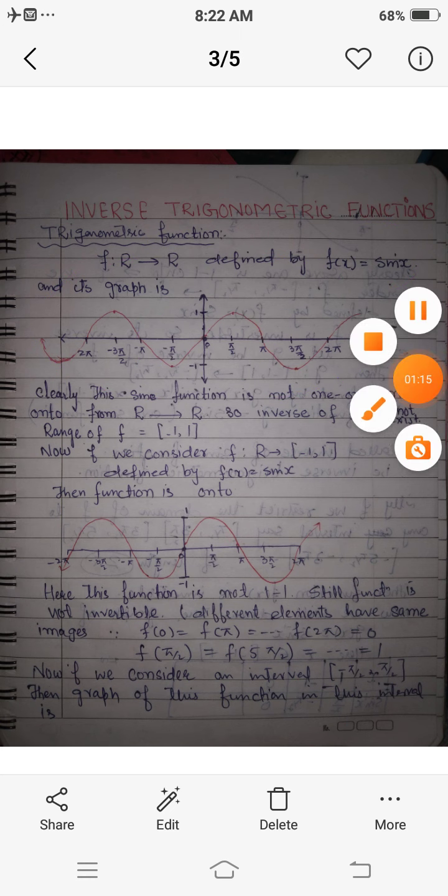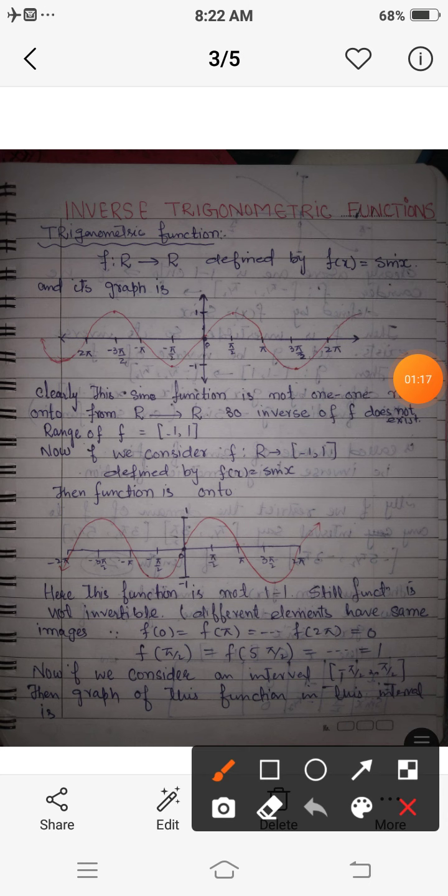Clearly from the graph it is not 1-1, because different elements have the same images. Like here the value at 0 is 0, at pi the value is again 0, at 2 pi the value is 0, at pi by 2 the value is 1, and at minus 3 pi by 2 the value is again 1.